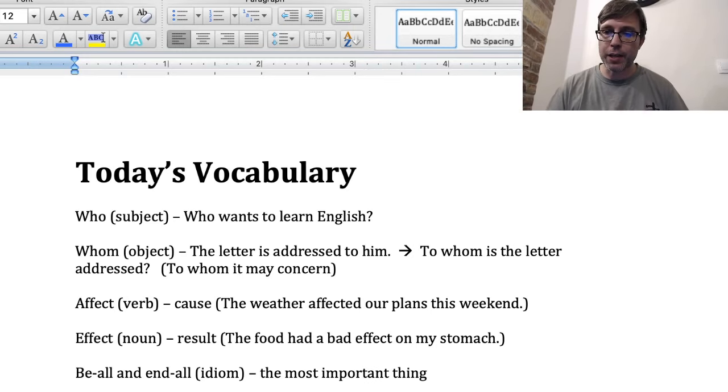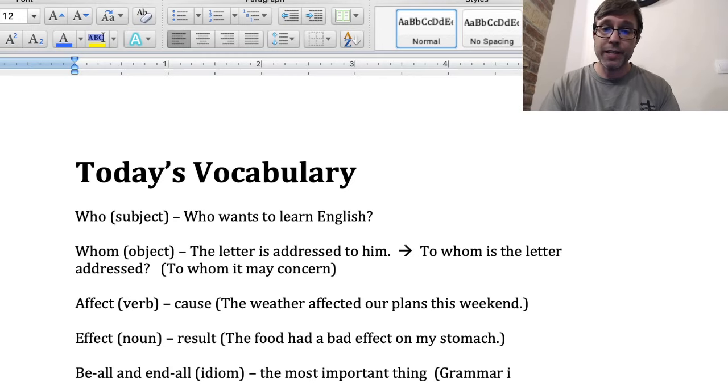And often you may hear people use it when saying something is not the most important, and they say it's not the be-all and end-all. So for example, I could say grammar is not the be-all and end-all of learning English.